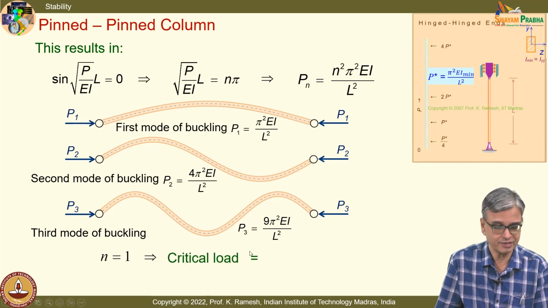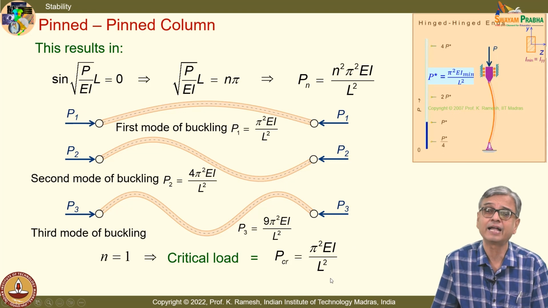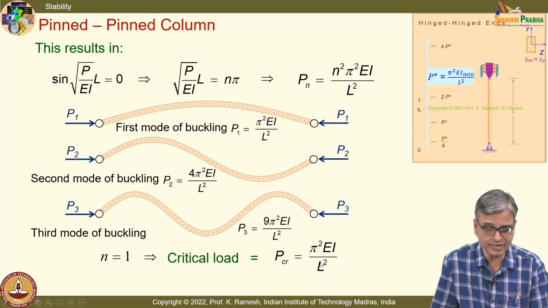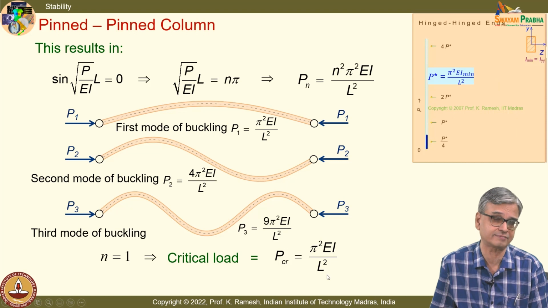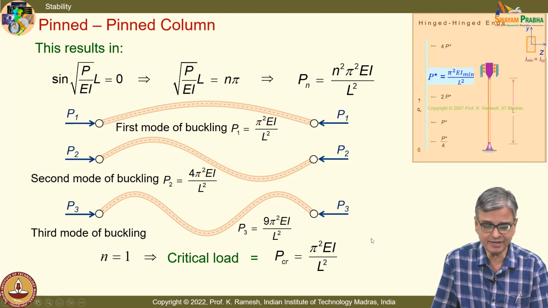Okay, and my TAs have done a very good experiment. I will show you that also. And you have the P critical as pi squared EI by L squared. I would urge you to write this as pi squared EI minimum by L squared. That is what I have shown in my animations here.